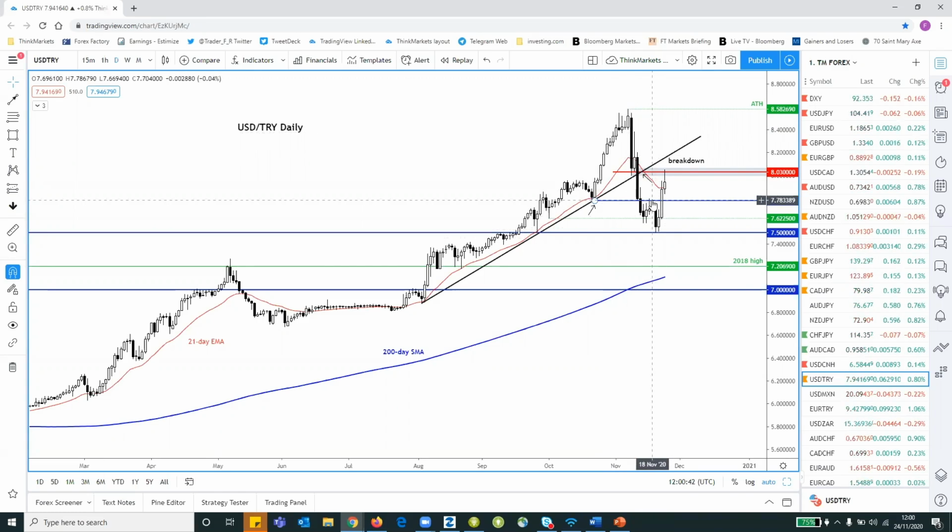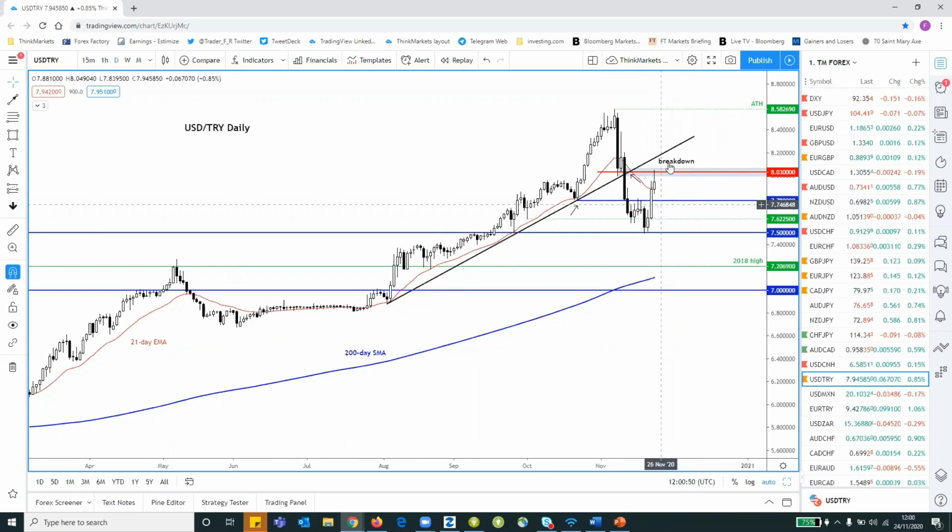So when the central bank decided to hike interest rates, the Turkish lira strengthened further, hitting this key level of support at 7.5 before bouncing back. Now, rates have returned to the point of origin of the breakdown right here at around 8.03, which was formerly a key support area.